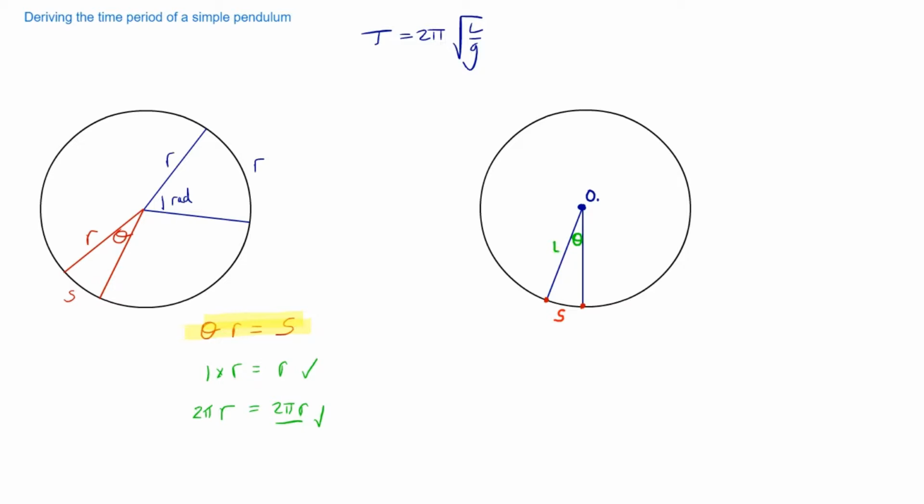This time the radius is the length of the string, the length of the pendulum, from the point where it's swinging about to the centre of mass of the bob. And so if we apply our rule, then theta L equals s.